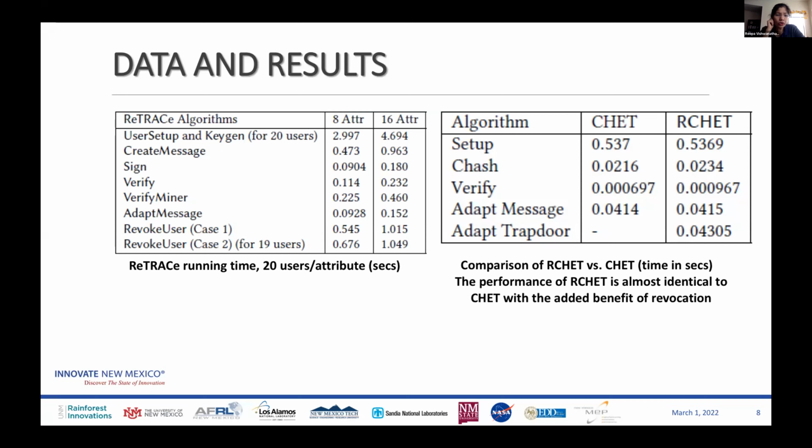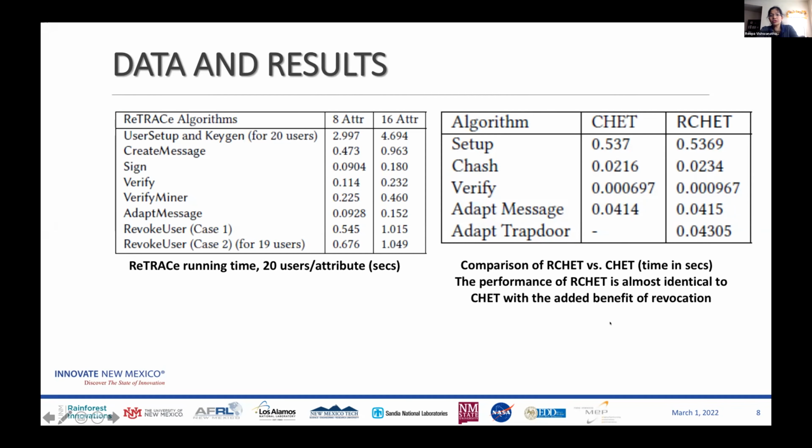They're all algorithms comprising the ReTRACe framework. The thing to note here is all the timings are in the order of seconds, compared to regular block confirmation times in blockchain, which are in the order of minutes. None of the operations in ReTRACe take more than 5 seconds, and some of them are even in the order of milliseconds.